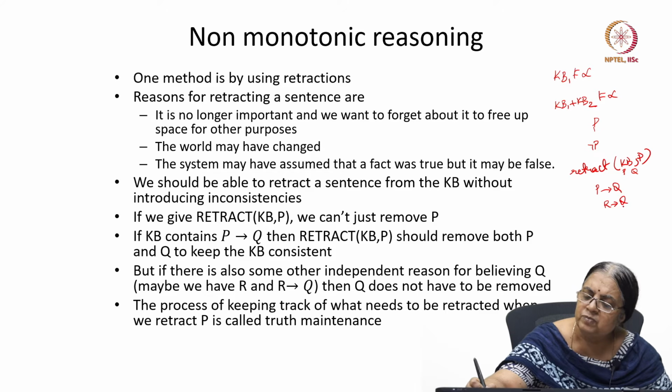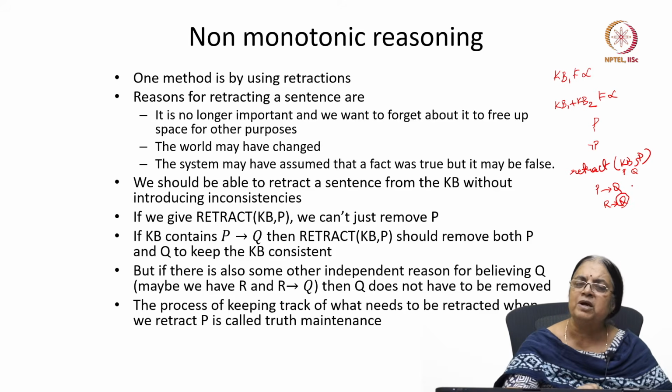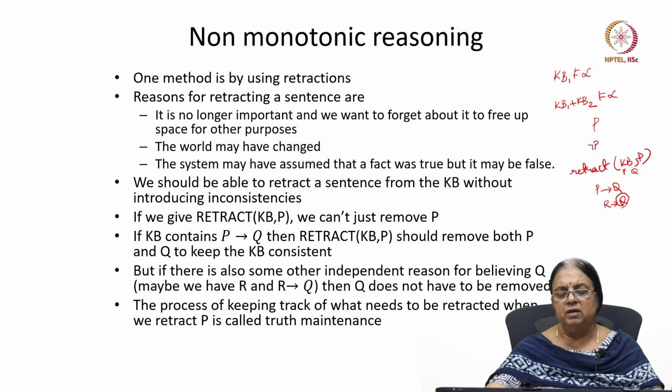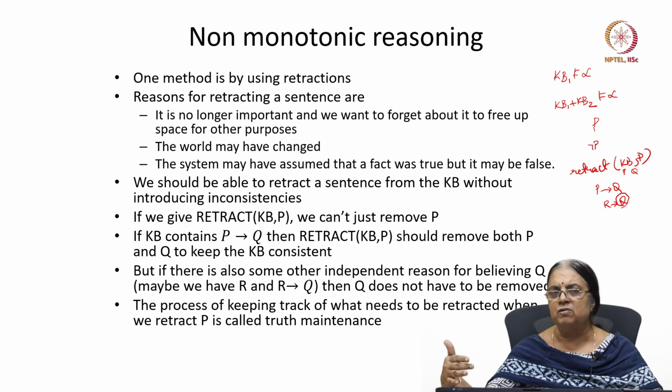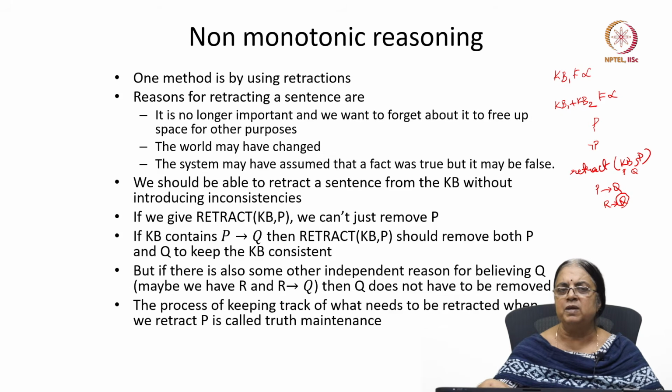Then what happens is that if R is true and even if P is retracted, you will not remove Q. Okay, so what happens is that it requires a lot of bookkeeping, right? So when you retract one statement, you cannot stop at that point. You have to go through the entire knowledge base to see what can be included and what can be removed.